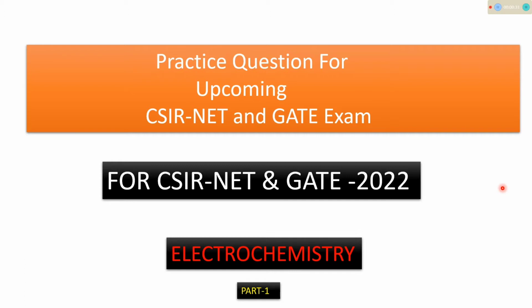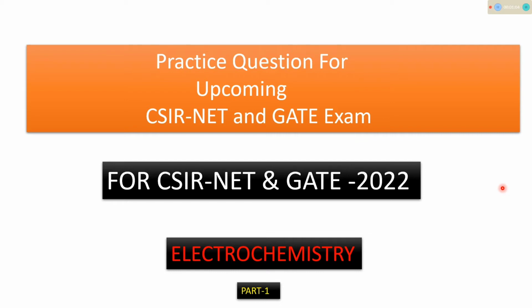Every year in the CSIR NET exam, you will get at least 4 to 8 marks from this electrochemistry portion. Maximum times they ask 2 questions from part B, so 4 marks, and at least one question from part C, so total 8 marks.